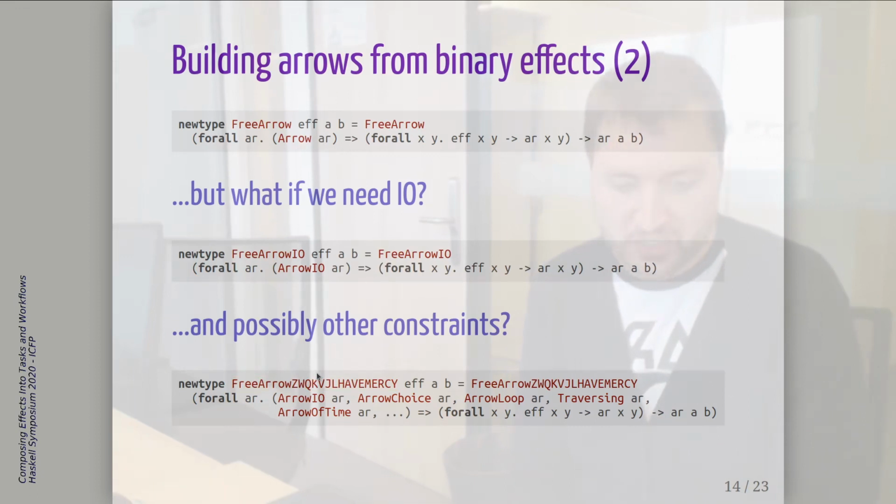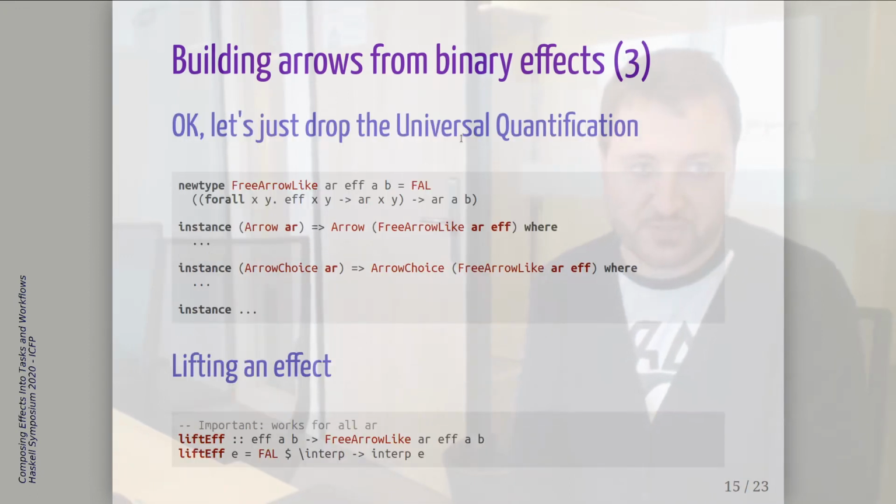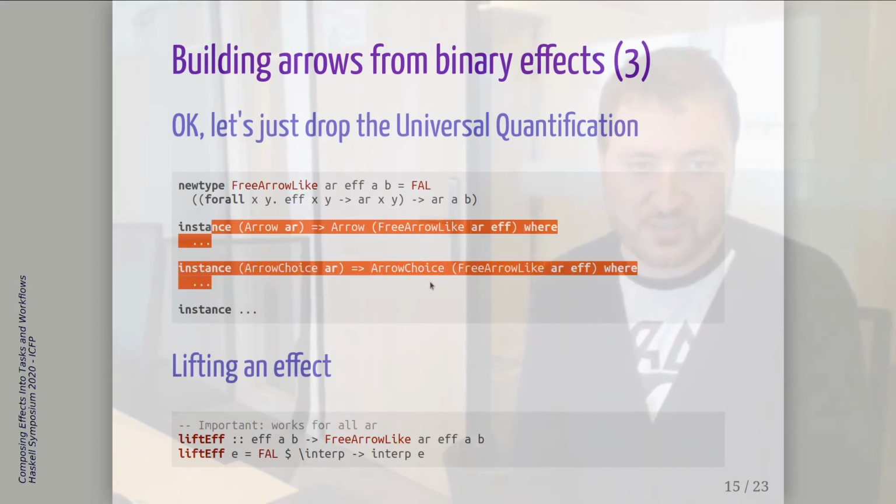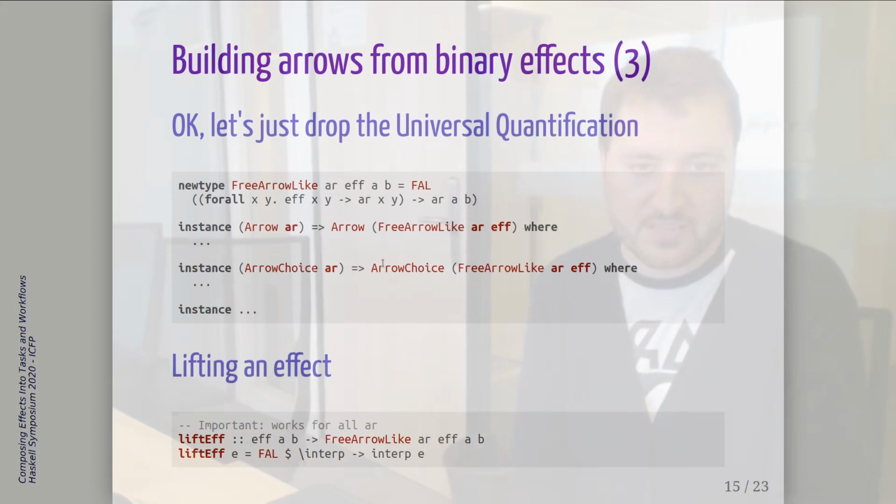So a first change we might want to do is to drop that universal quantification. We will parameterize over this R type, over the destination type of the interpretation of our effects. And we can just as easily derive the instances for arrow choice, category, and every other control structure that we might want to apply on this free arrow-like structure, provided that this R type, this target of the interpretation, provides it already.